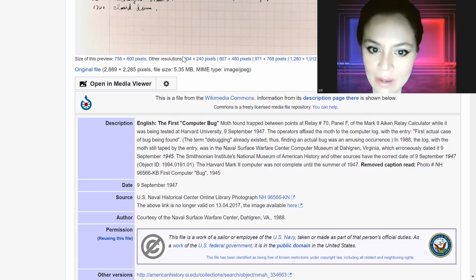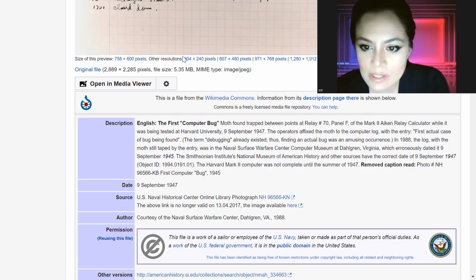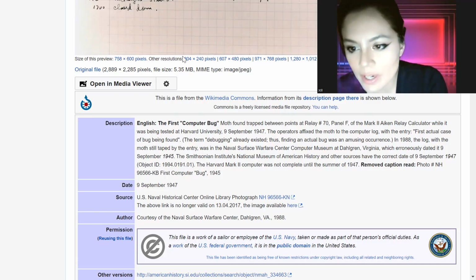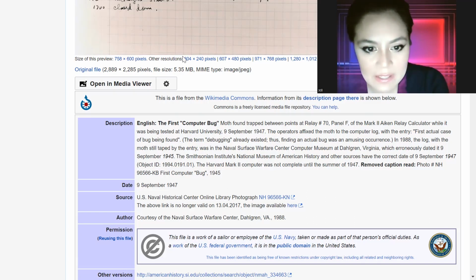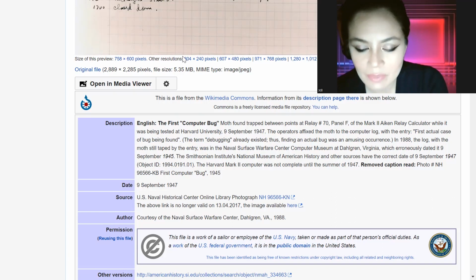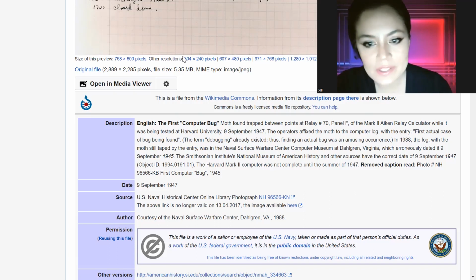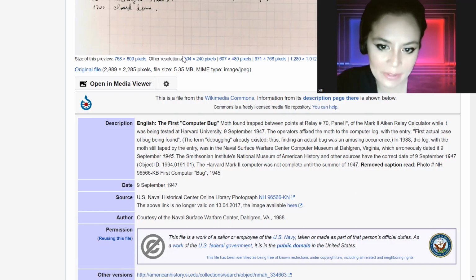Moth found trapped between points at relay number 70, panel F of the Mark II Aiken relay calculator while it was being tested at Harvard University, September 9, 1947. Operators affixed the moth to the computer log with the entry, first actual case of bug being found.